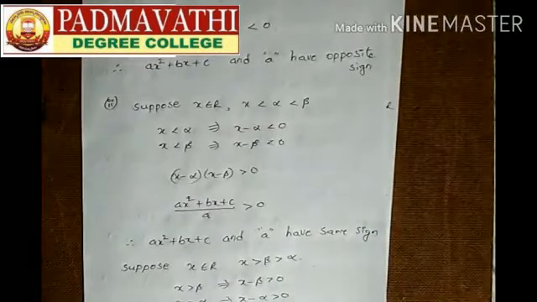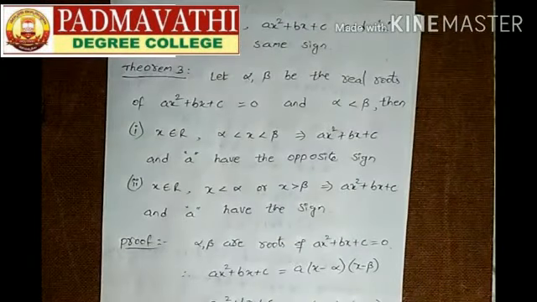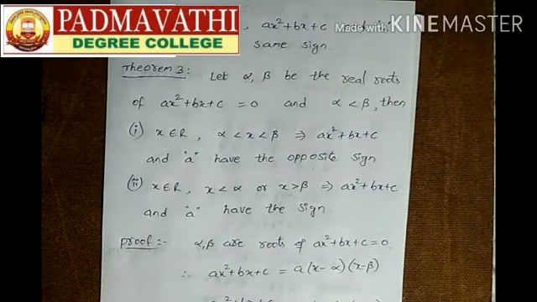Look at this theorem, the first case and second case. The first one is alpha less than x less than beta, then ax square plus bx plus c and a have opposite sign. And the second case, x less than alpha or x greater than beta, ax square plus bx plus c and a will have the same sign.